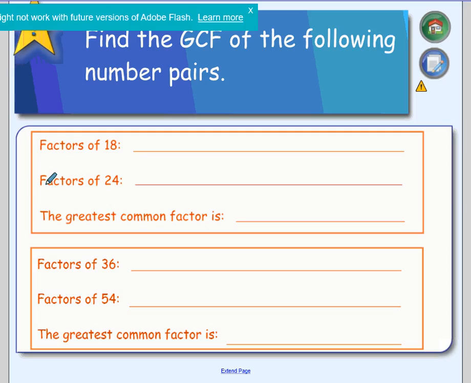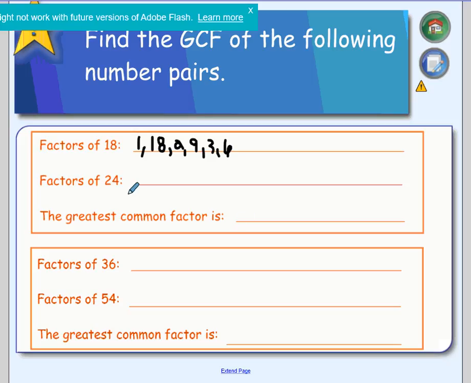Let's look at another example. If we list out all the factors of 18, I'm going to go 1 and 18, and then 2 and 9, because 2 times 9 equals 18, and 3 and 6.